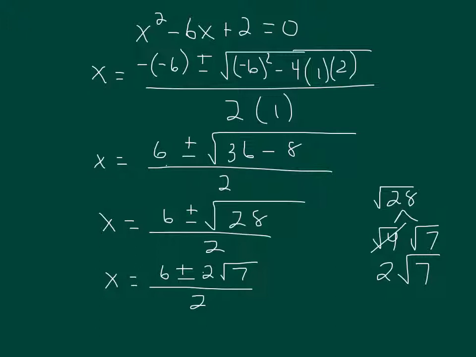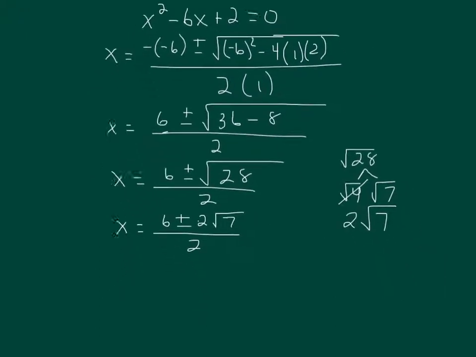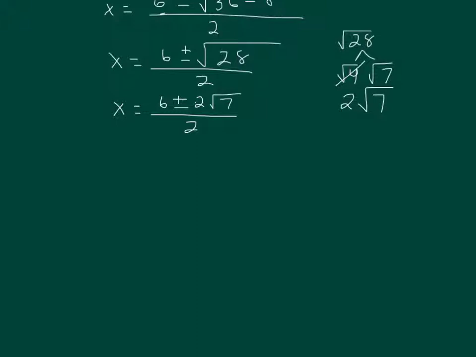Now I'm going to show you a little bit of a trick here to help you figure out what's going on. If you do x equals 6 over 2 plus or minus 2 root 7 over 2, you can break this into two parts.